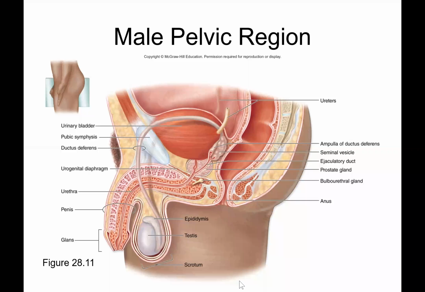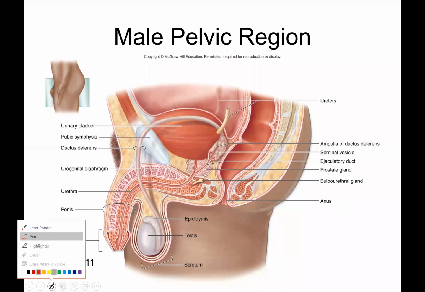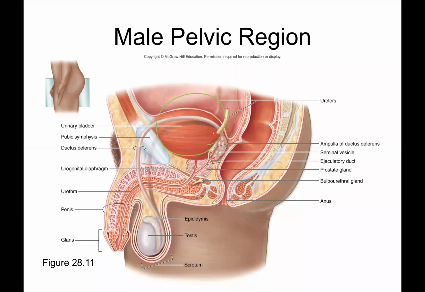Okay, let's go to the male reproductive system. For males, here's the lateral view. We have the urinary bladder, and the infamous prostate gland, which can be a big risk factor for men as they age.